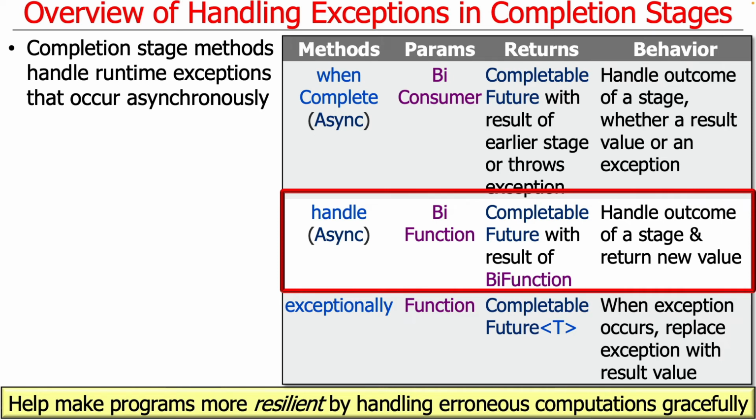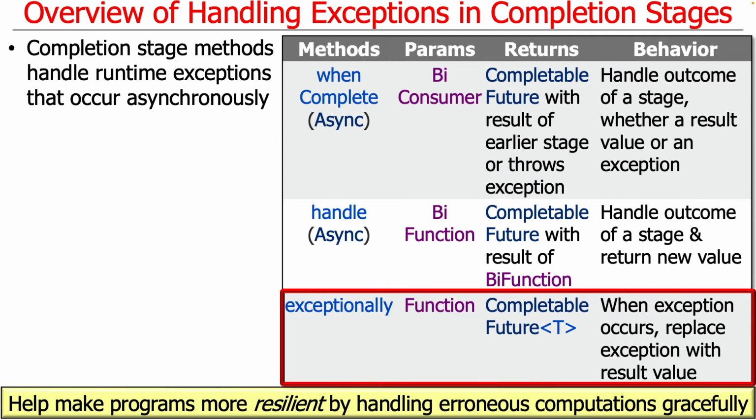Typically, if you get normal processing, you just pass the results along. But if you get an error in the handle hook method, then you typically create a new value. So handle can be used to convert an error into some sensible value that can then keep the chain running so it doesn't stop. So this basically swallows the exception.